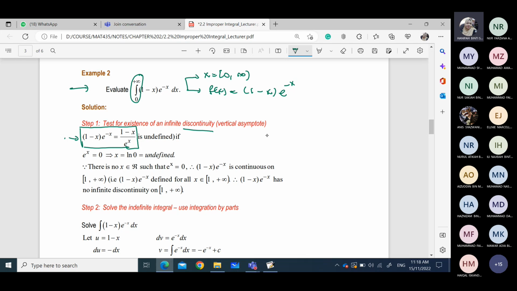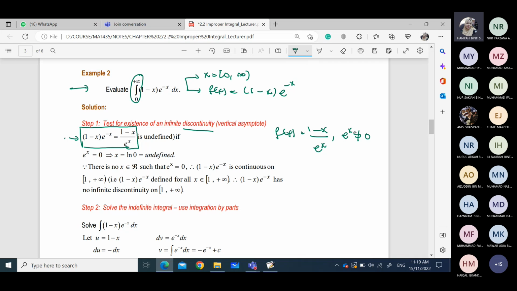Since we have f of x equals 1 minus x over exponent of x, as usual, since exponent of x is a denominator, exponent of x does not equal to 0. Tak boleh kosong.